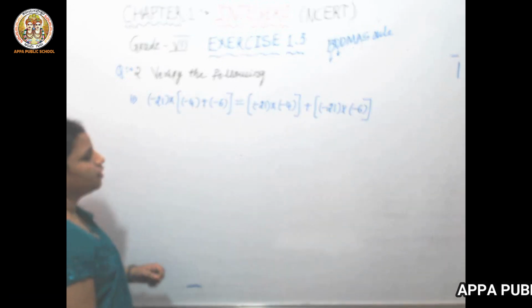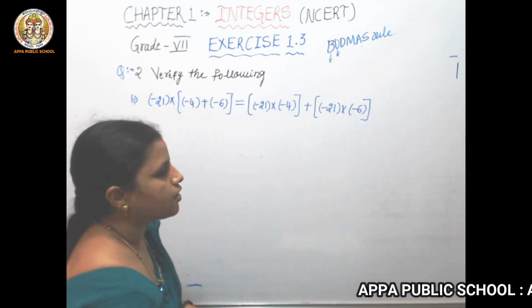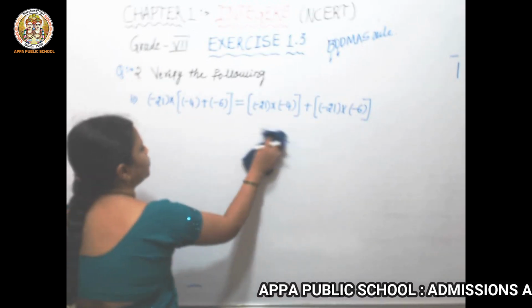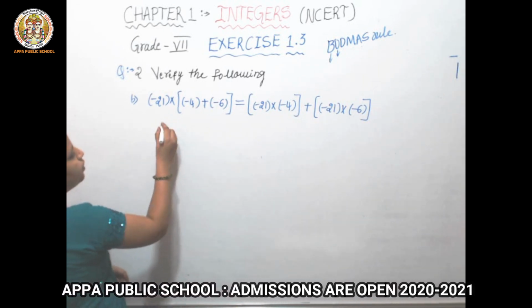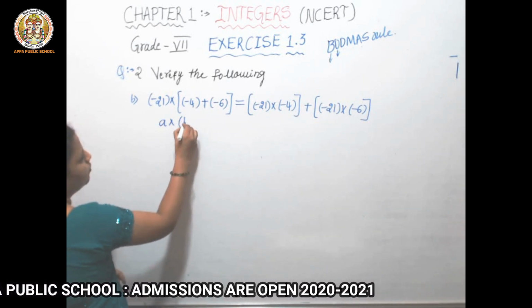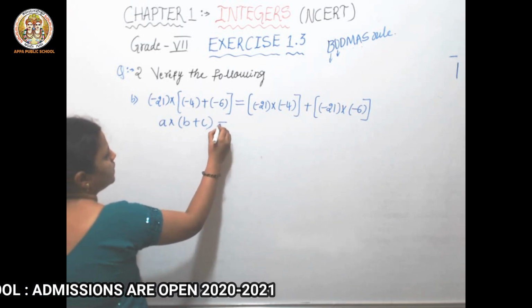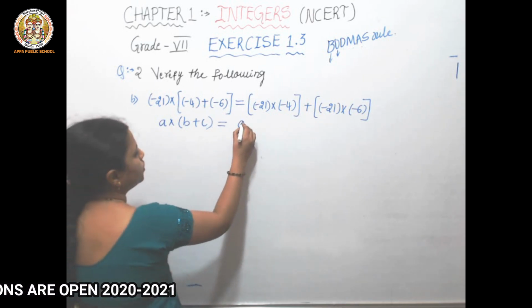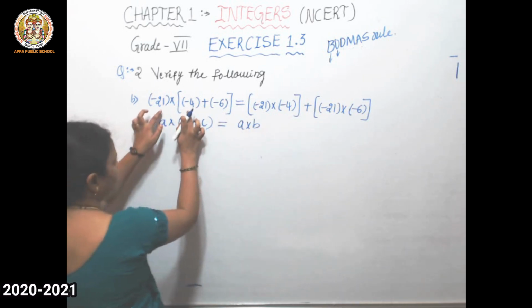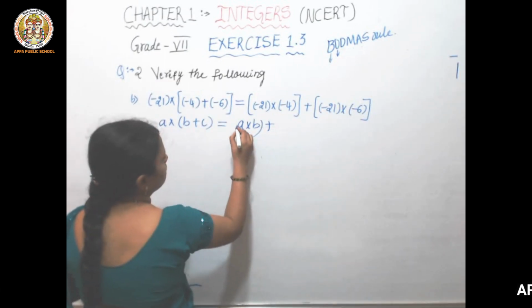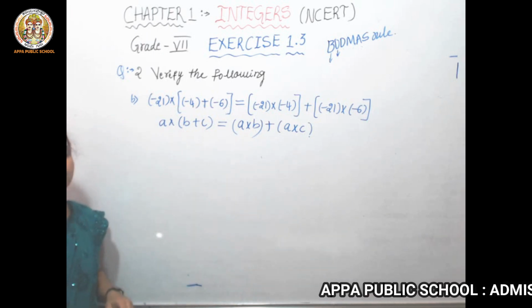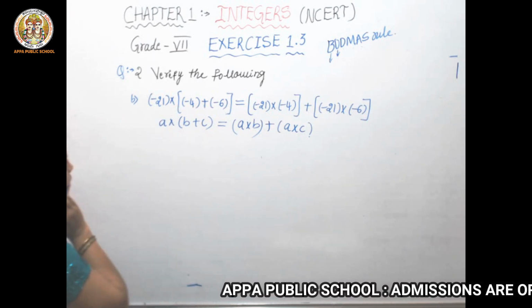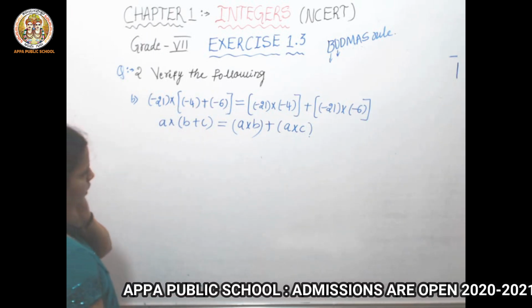Once again we are using the distributive property. It is the distributive property: A into (B plus C) is equal to A into B plus A into C. Here also we have to verify the distributive property.